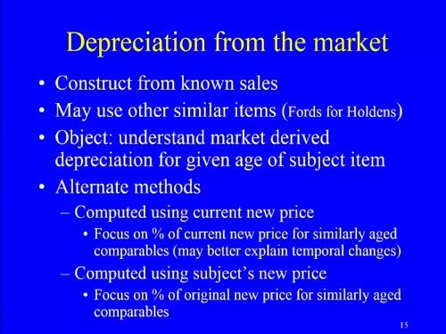Although what we'll be looking at shortly will reveal that in some cases we have to be very careful that we are choosing genuinely comparable similar items. Overall, the object is to understand the market-derived depreciation for a given age of subject item.